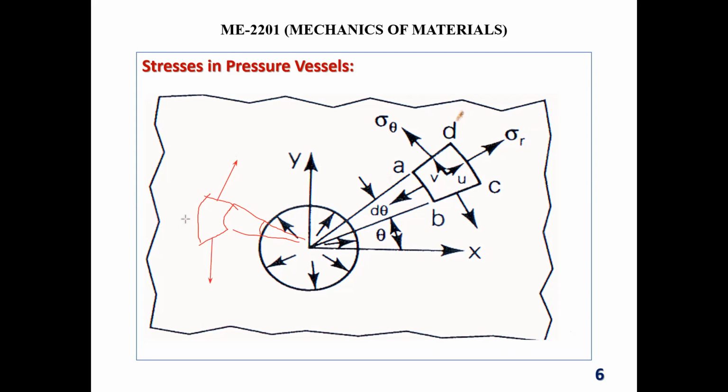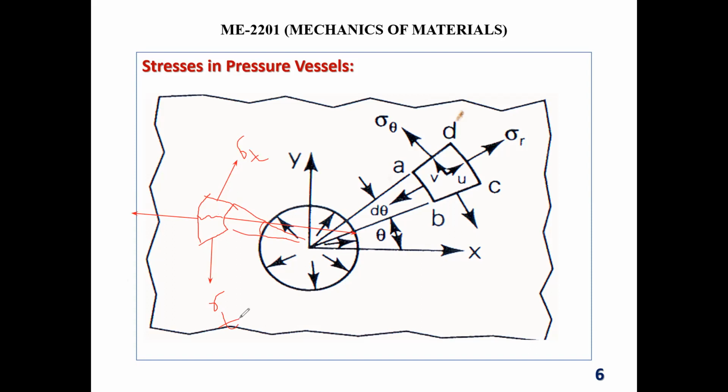And along this direction will be sigma r. So what is the possibility that, due to the sigma theta, the material might generate a crack along this direction due to the sigma t, because both are pulling in the tangential direction.